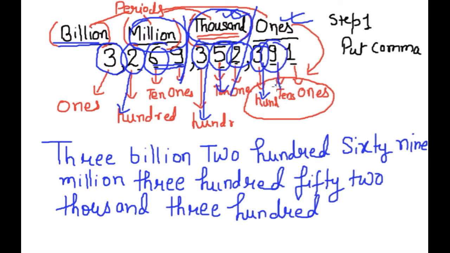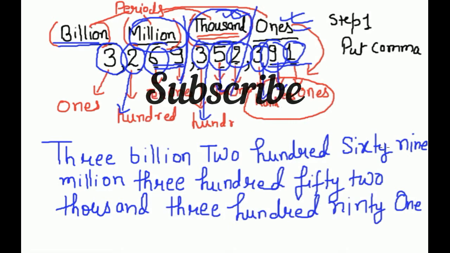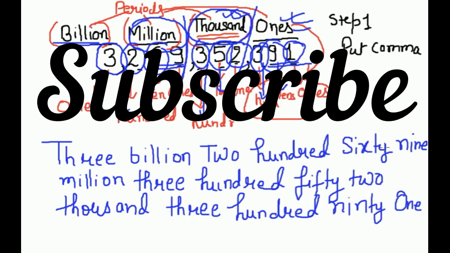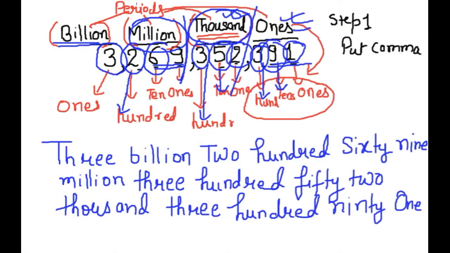The place value of 9 is tens and this is 1, so this is 91. And the period is ones, so this is only 91. Here is the solution. Let's see more examples.